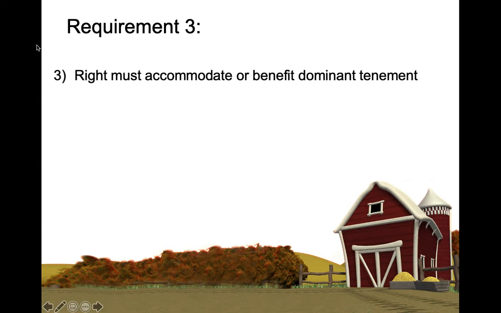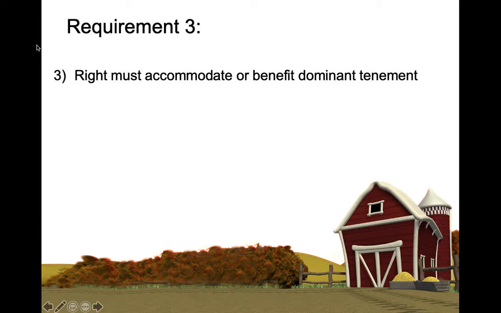The third characteristic is the most difficult in some ways, in that what is being asked for is that the right itself accommodates or benefits the land. So it has to be of use or add value or enhance the land in some way, which is quite a difficult thing to articulate, because if you're thinking about what would benefit land, it's obviously going to benefit people.